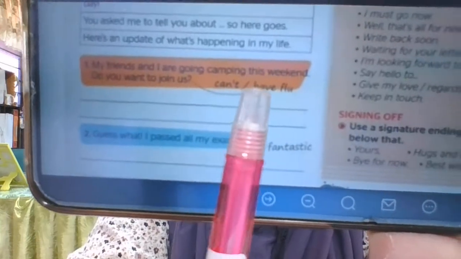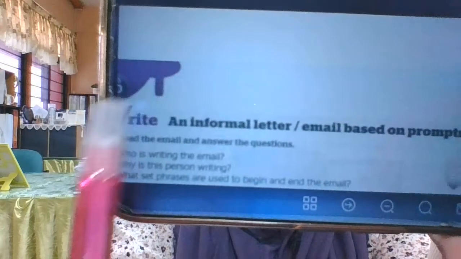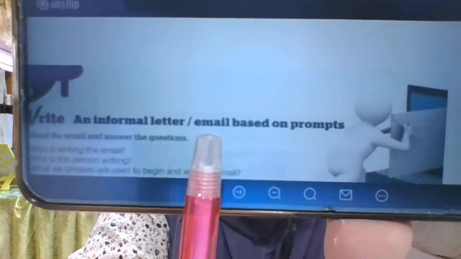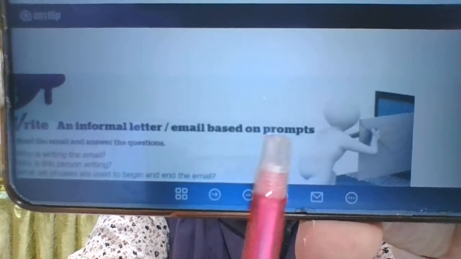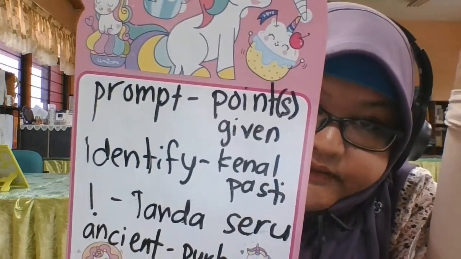You have the prompts already, remember? That's what we are learning for today. You are writing an informal letter or email based on prompts. Again, what is prompts? Points given.